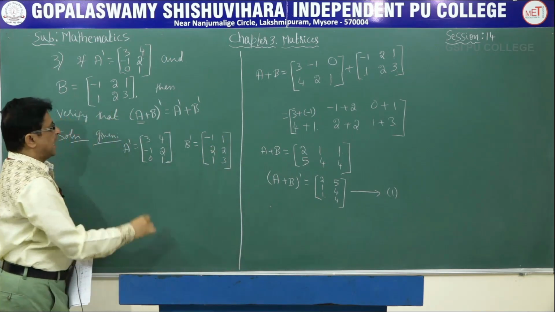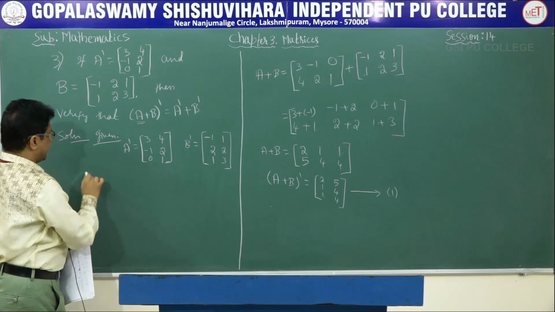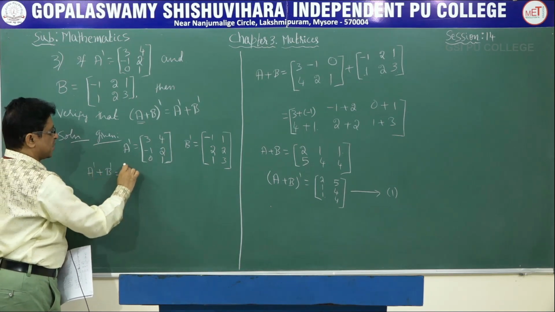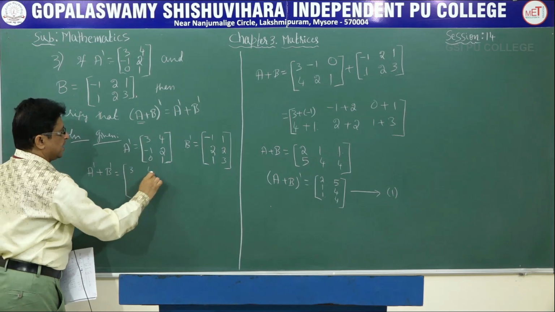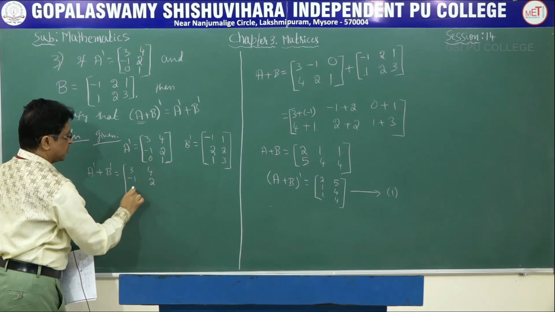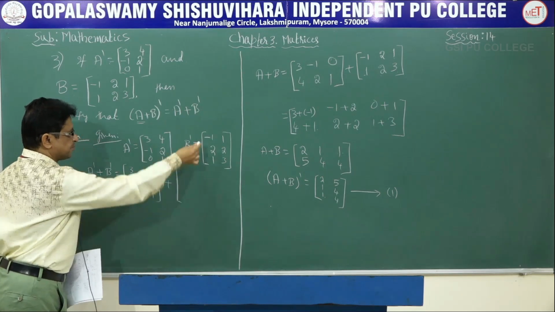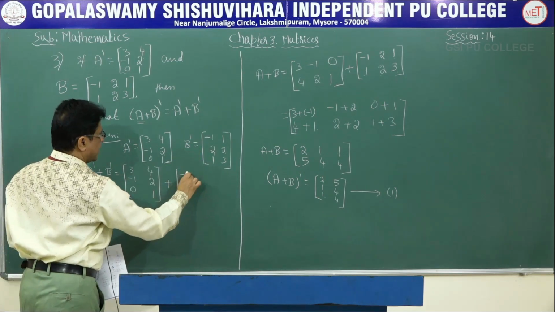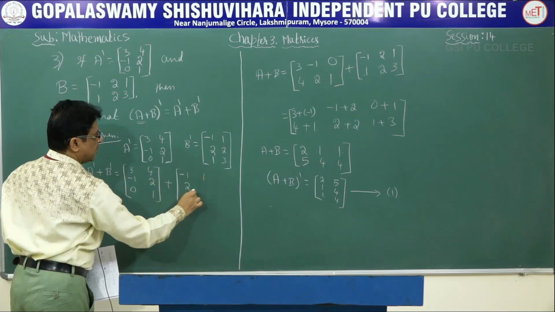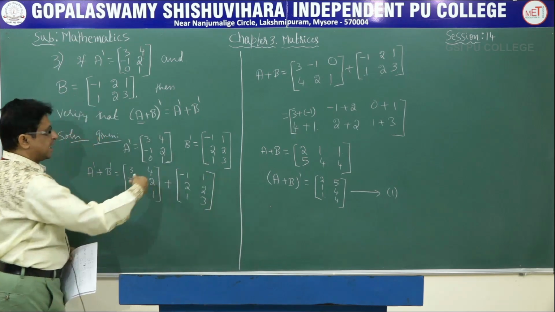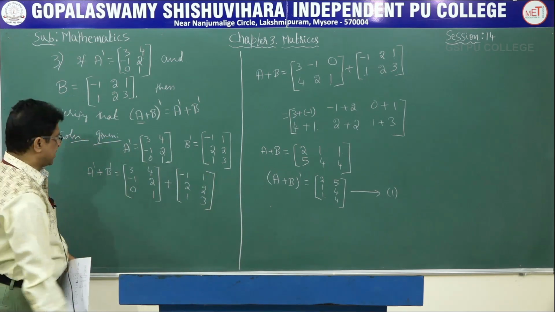So let us add A dash and B dash, that is A dash plus B dash is equal to 3, 4, minus 1, 2, 0, 1 plus minus 1, 1, 2, 2, 1, 3. We shall add the corresponding elements.